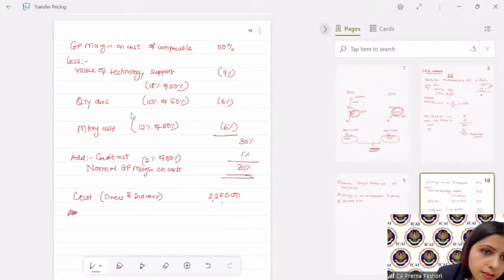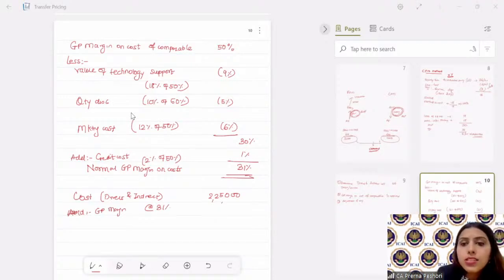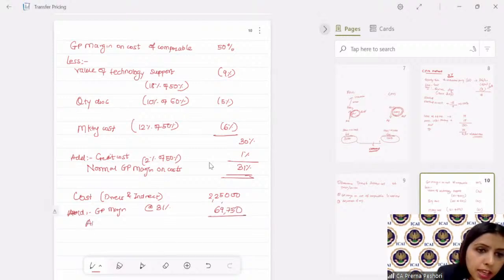Add GP margin, which is at the rate of 31%, which comes to 69,750. So therefore, my ALP would be 2,94,750.